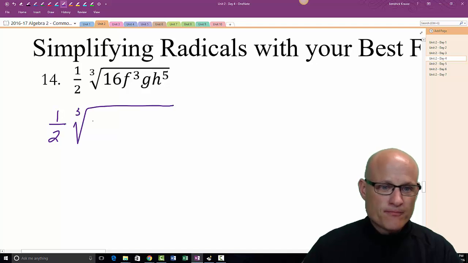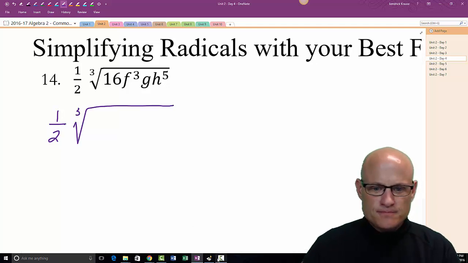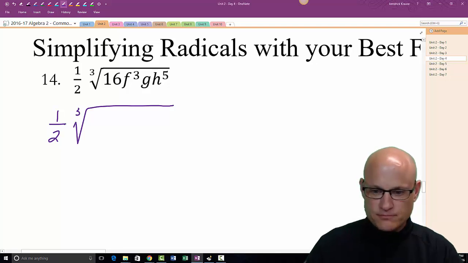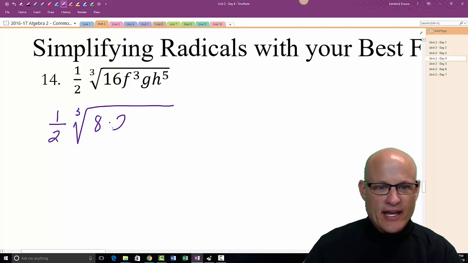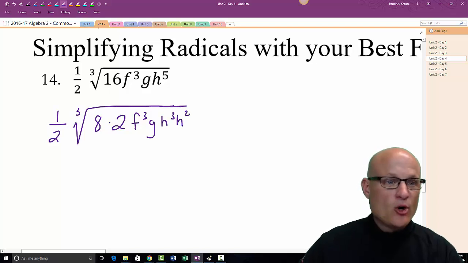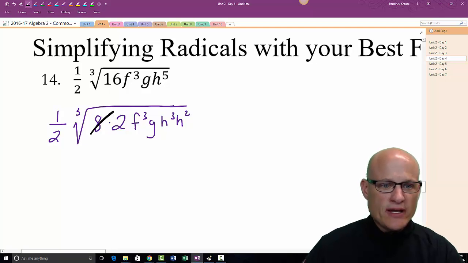Cube roots. All right, cube roots. So we're going to do this as 8 times 2, because 8 is a perfect cube. f cubed is a perfect cube. g is not. h cubed, h squared. Hopefully you made the first step right. The cube root of 8 is 2. The cube root of f cubed is f.